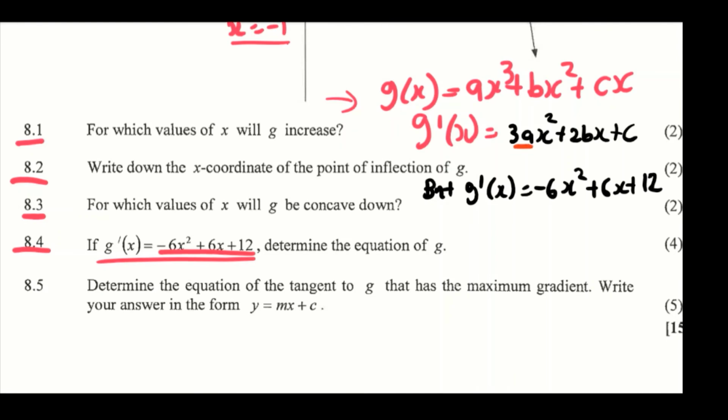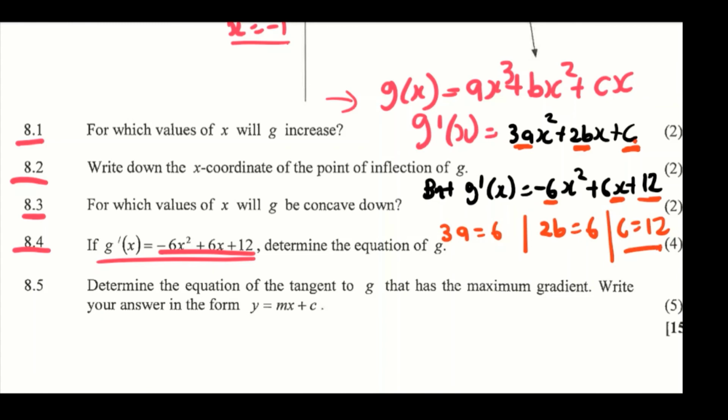So what we can do is equate. This portion here is equal to this, this portion here is equal to this, and this portion here is equal to this one here. So 3a is equal to, let me rather say, 2b is equal to 6, right? And then c is equal to 12.